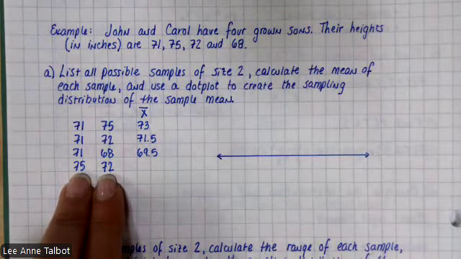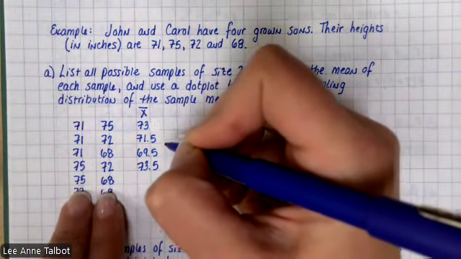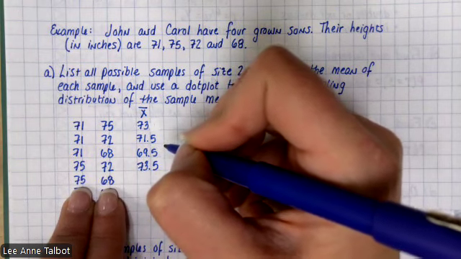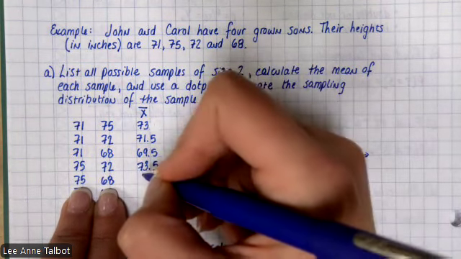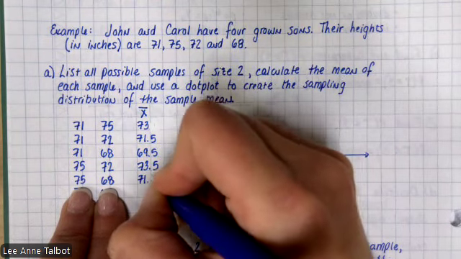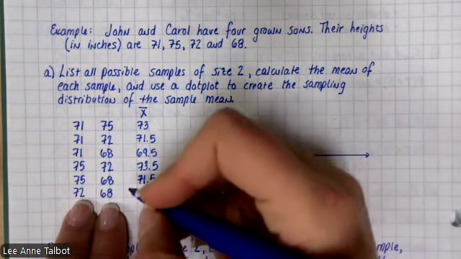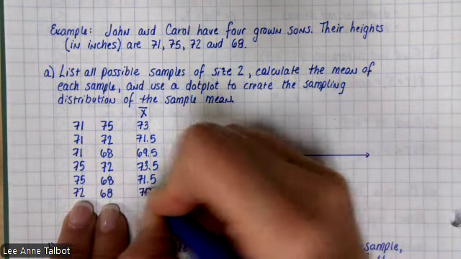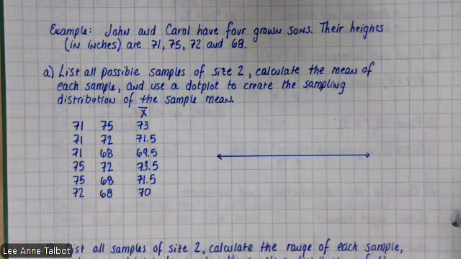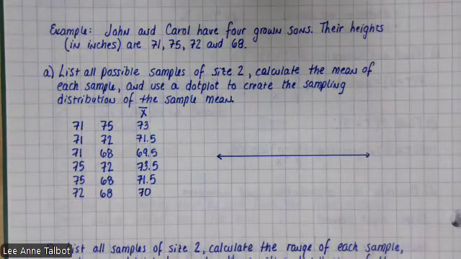Hmm, must be Monday. 71.5. Should I use a calculator? Yeah. And then 70. Okay, do we agree that this is all possible sample means?